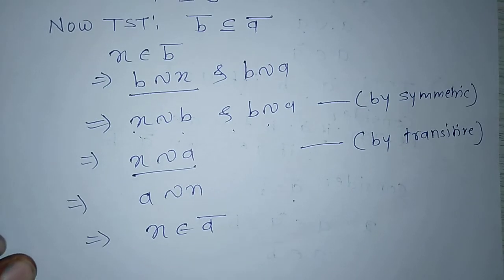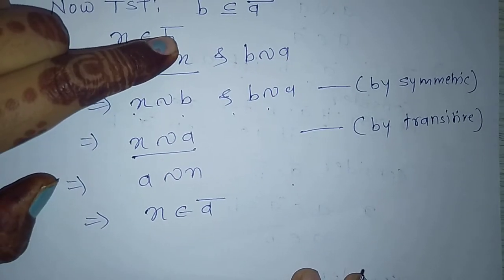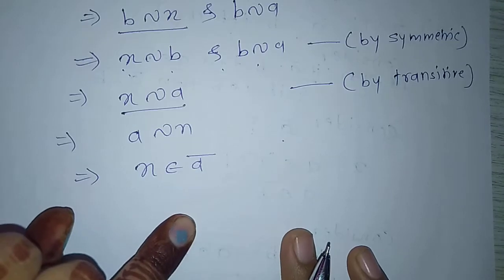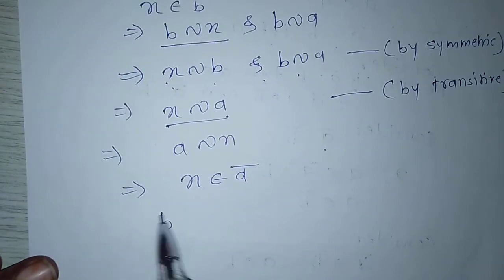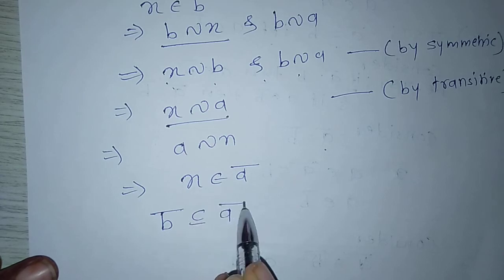The element we take from B bar is also in A bar. That's why we get B bar is a subset of A bar.